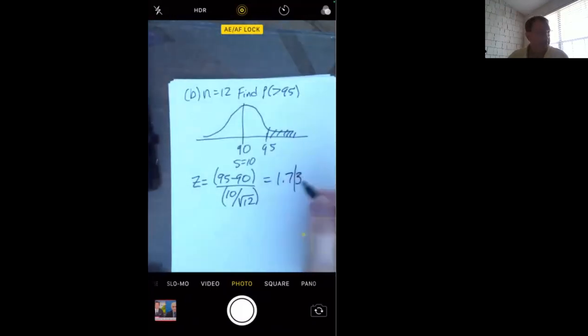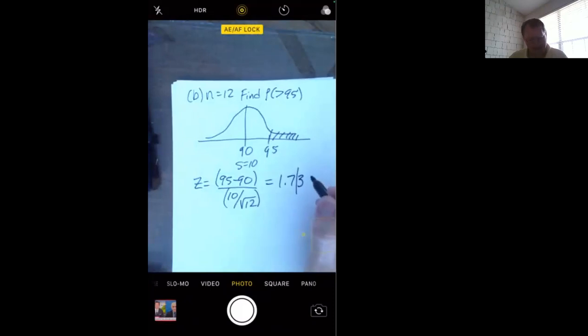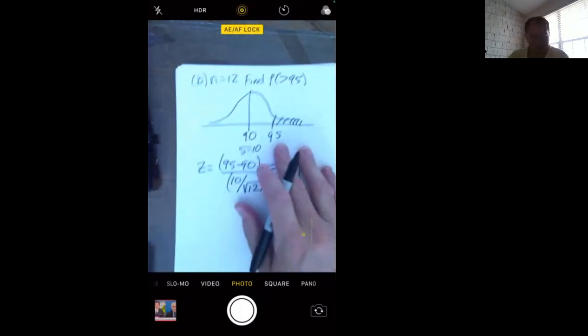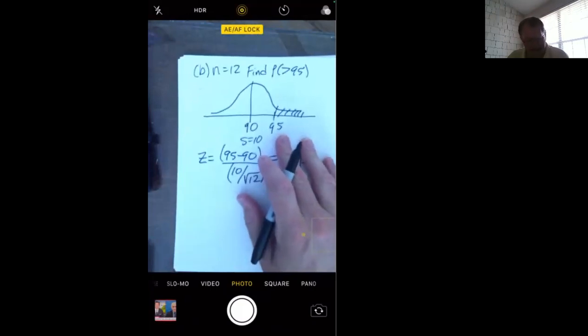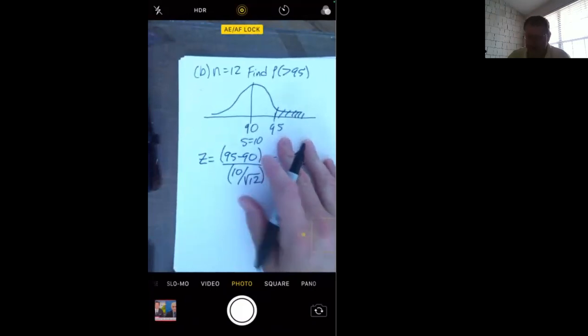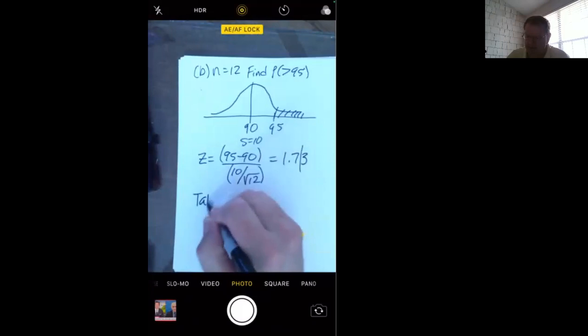Split that 3 off. 1.7, I won't even try to put the table up. Apparently it's not working today. Looking in the table, 1.73 is 0.9582.